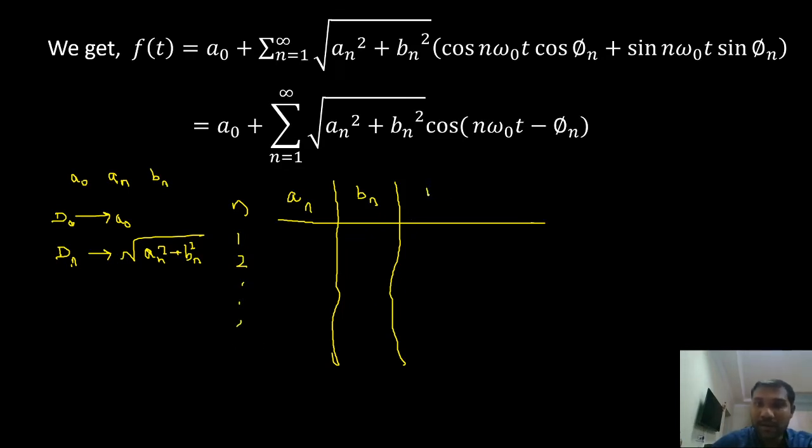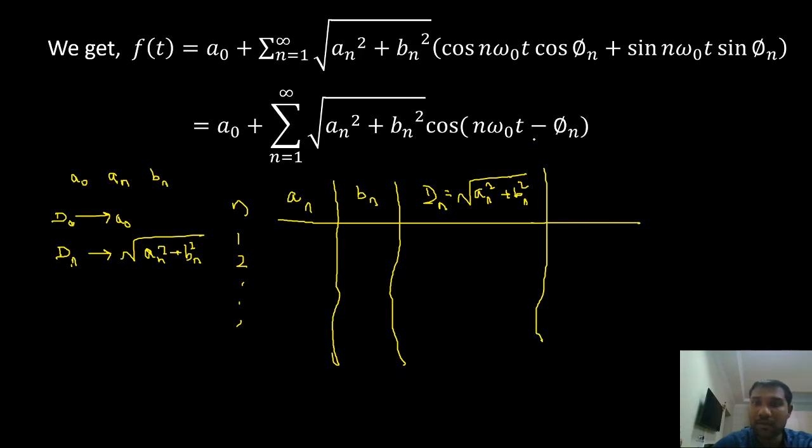Then I'll calculate dn. What is the formula for dn? dn is nothing but square root of an square plus bn square, right? I'll calculate dn.